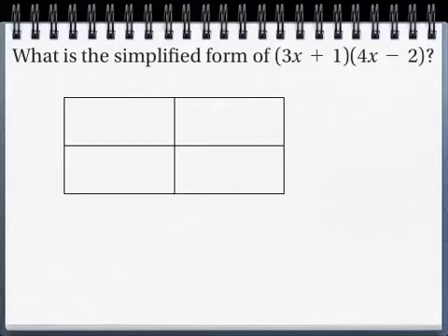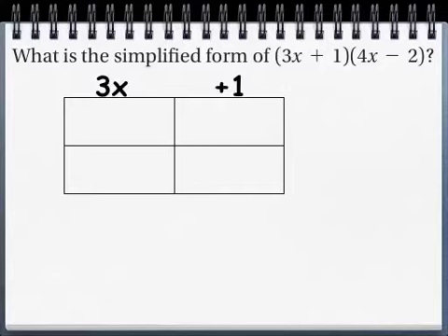The first binomial that I'm going to use is the 3x and plus 1, and I'm going to write its terms in each box. So because I have 2 terms, I'm going to have 2 columns. So the first column is going to have my 3x, and then my second column is going to have my plus 1. And then I need to do the same thing with my 4x minus 2.